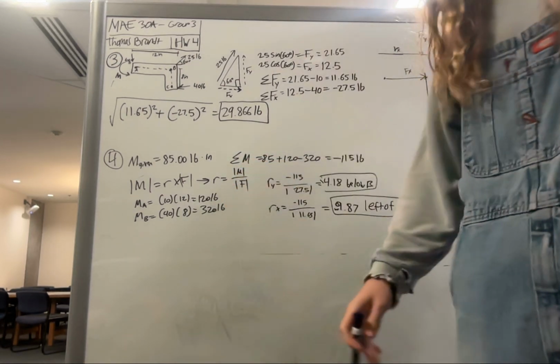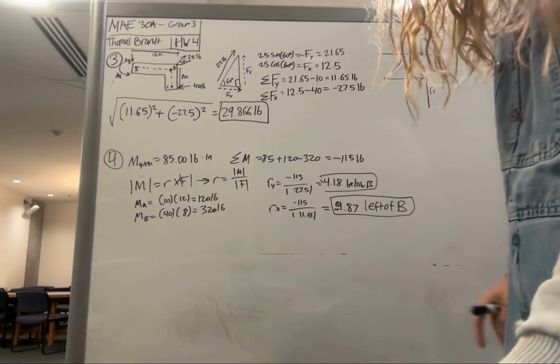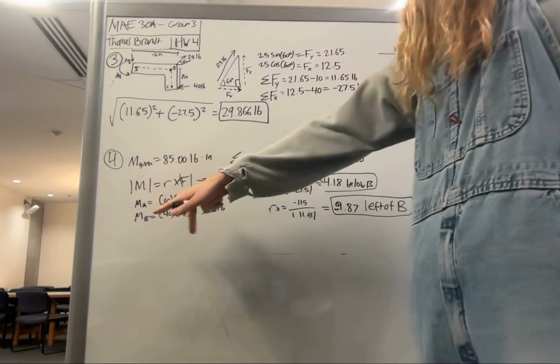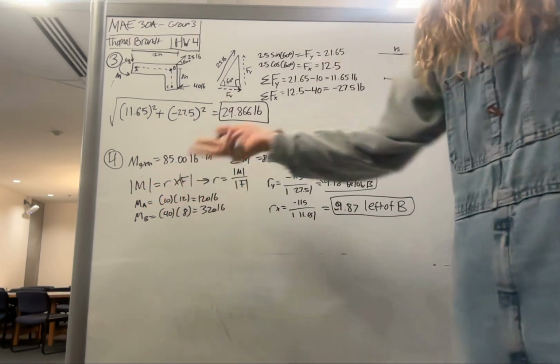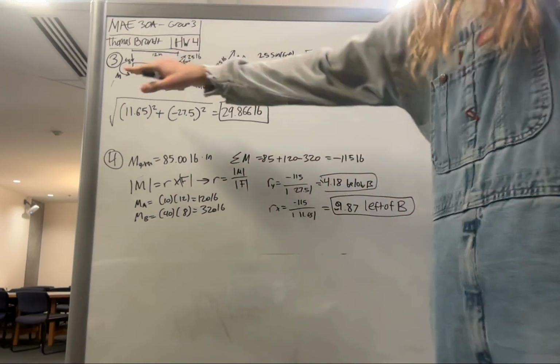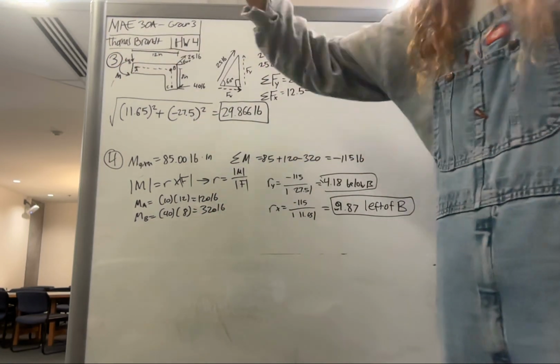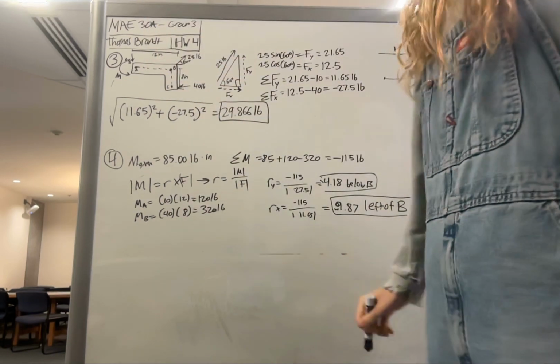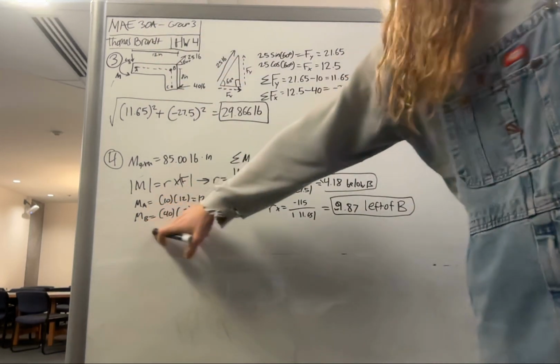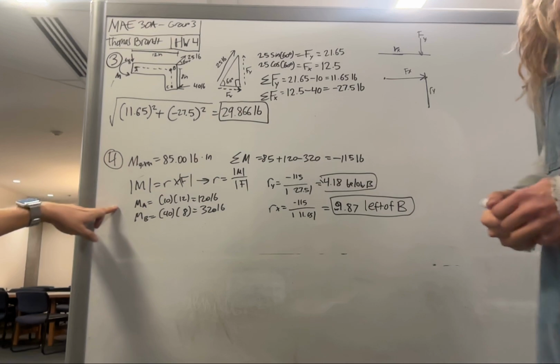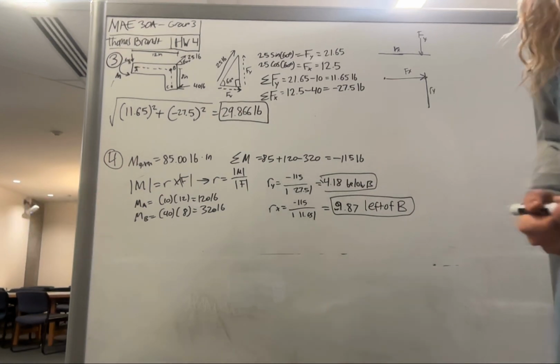But before we even get there, we have the moment about point A, which is just going to be 10 times 12. That's the distance multiplied by the magnitude of the force, and then same with MB. Is this your moment about A or the moment of the force acting on A?